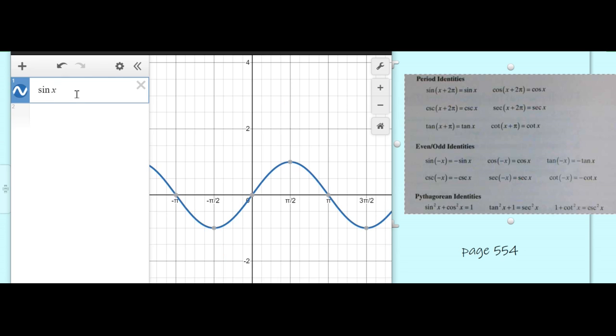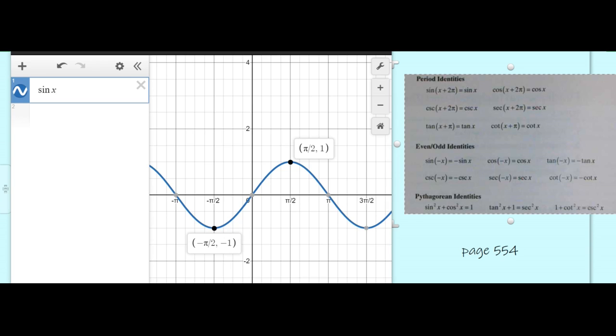So sine of x. If you plug in a positive value, pi over 2, and then you plug in negative pi over 2, look at what you get. If you plug in positive pi over 2, you get positive 1. If you plug in negative pi over 2, you get negative 1.